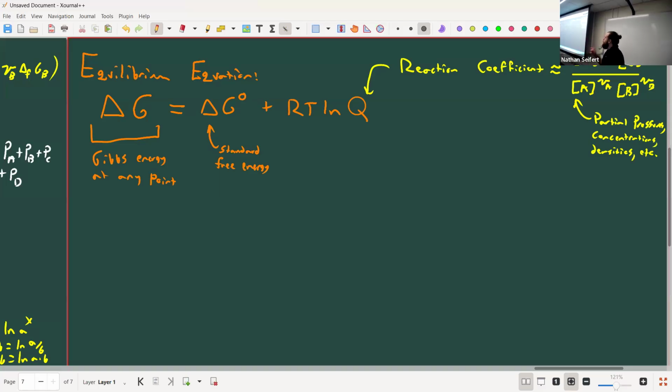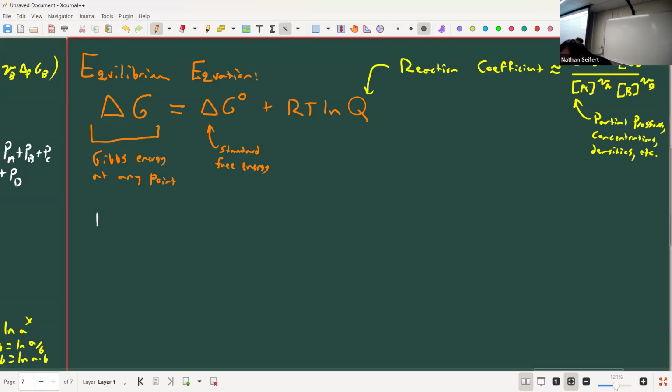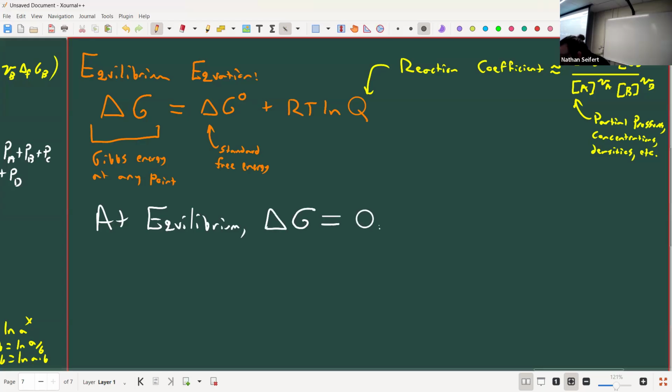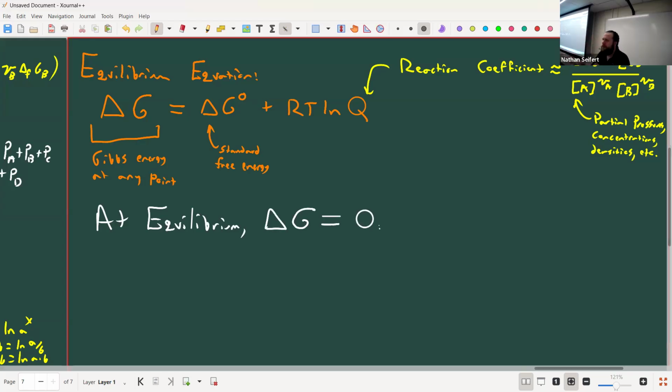All right, so how do we know the system's at equilibrium? At equilibrium, when the system has finally stopped, that means that delta G for the system at that point is 0. Right? That's the definition of equilibrium. Thermal equilibrium. With delta G 0, everything is settled in. My delta G is starting to approach zero.